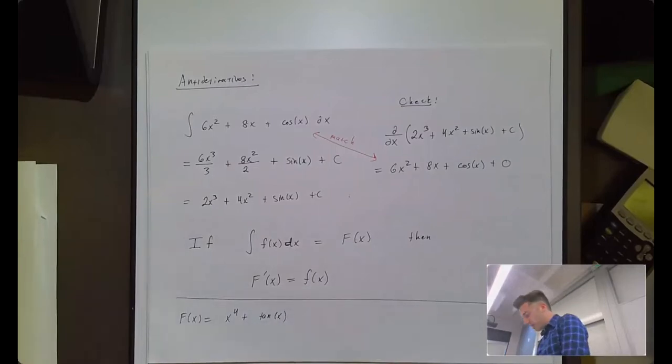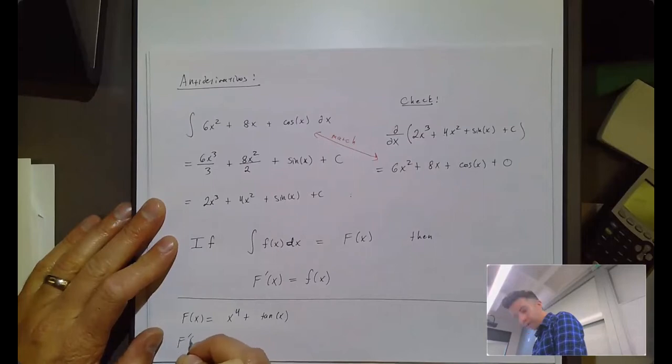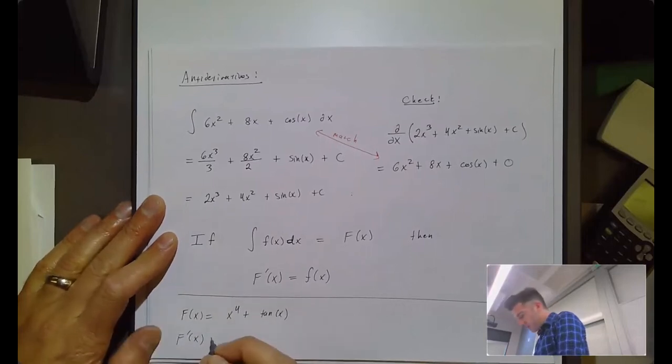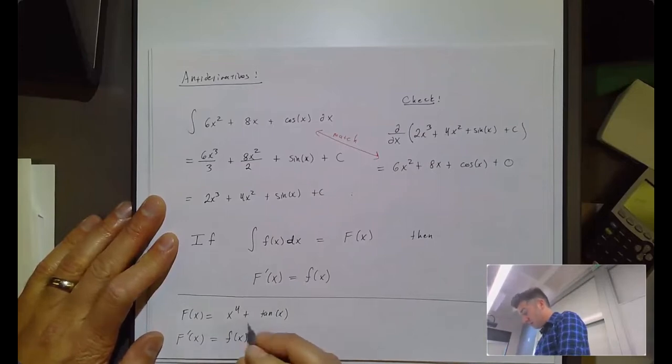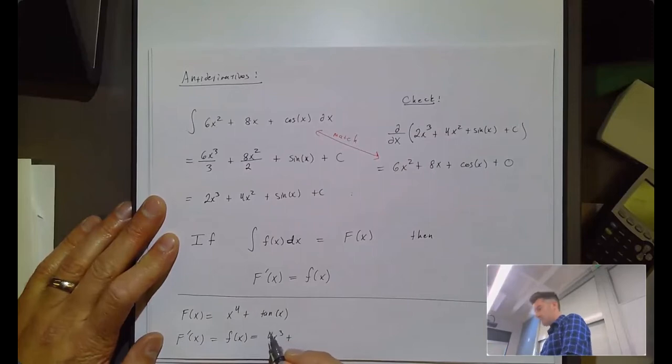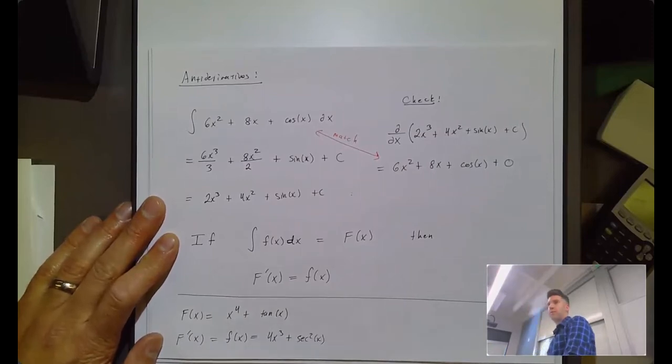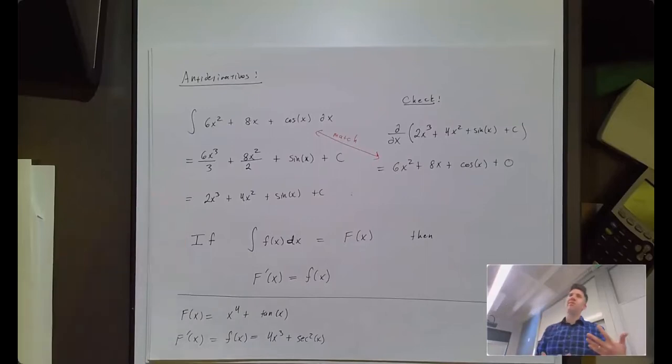The derivative, which I'm going to call little f of x, is 4x cubed plus secant squared of x. And then if you do the antiderivative of that, you don't exactly get back what you started with because you have to tack on a plus c.